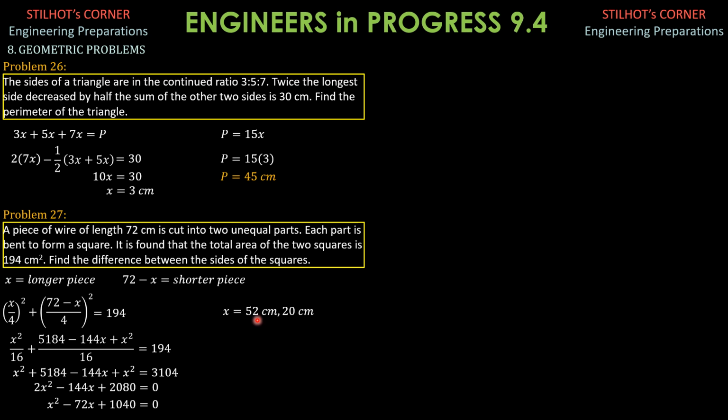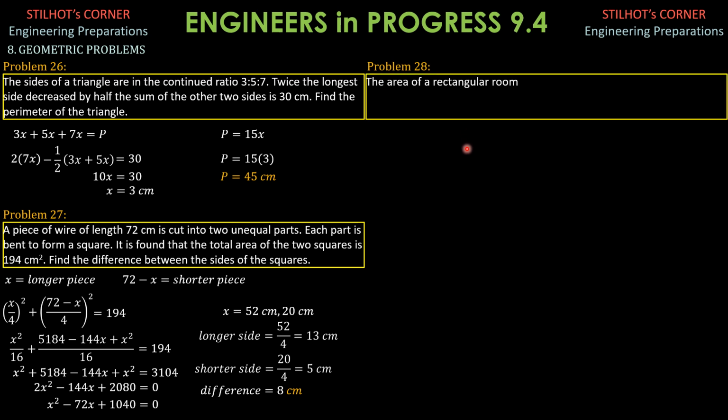Therefore, the side of the larger square is 52 over 4, and that is 13 centimeters. And the side of the smaller square is 20 over 4, and that is equal to 5 cm. So the difference of the sides is 13 minus 5, and that is 8 cm. So the difference is 8 centimeters.